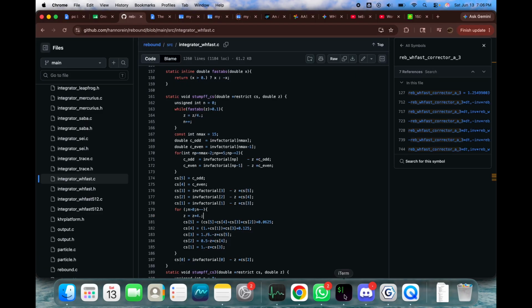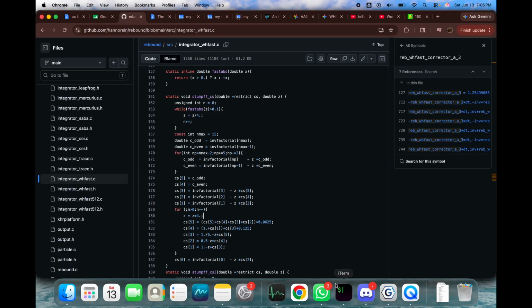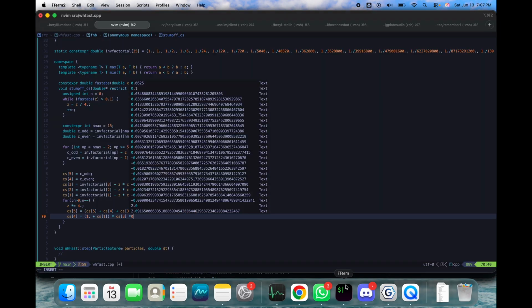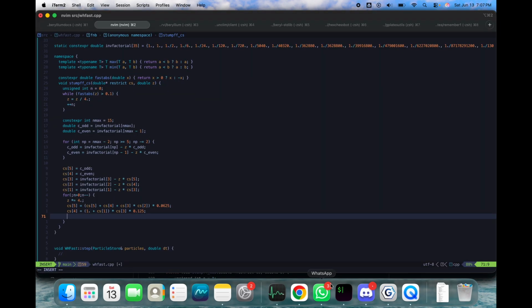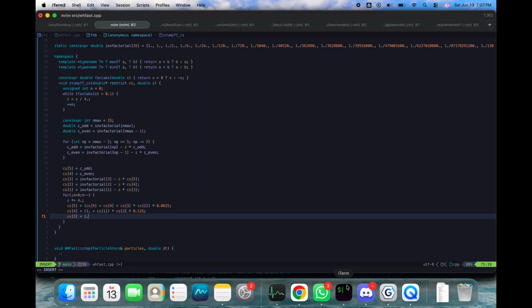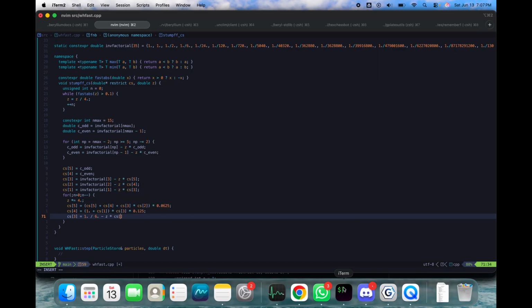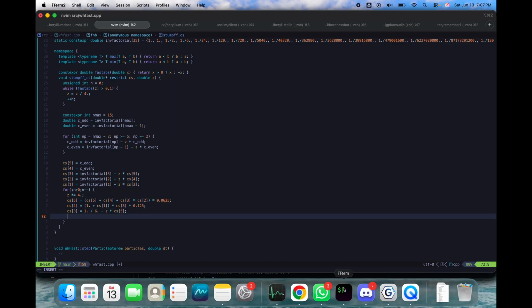And then CS index 4 equals 1 plus CS index 1 times CS index 3 times 0.125. CS index 3 equals 1 over 6 minus Z times CS index 5.